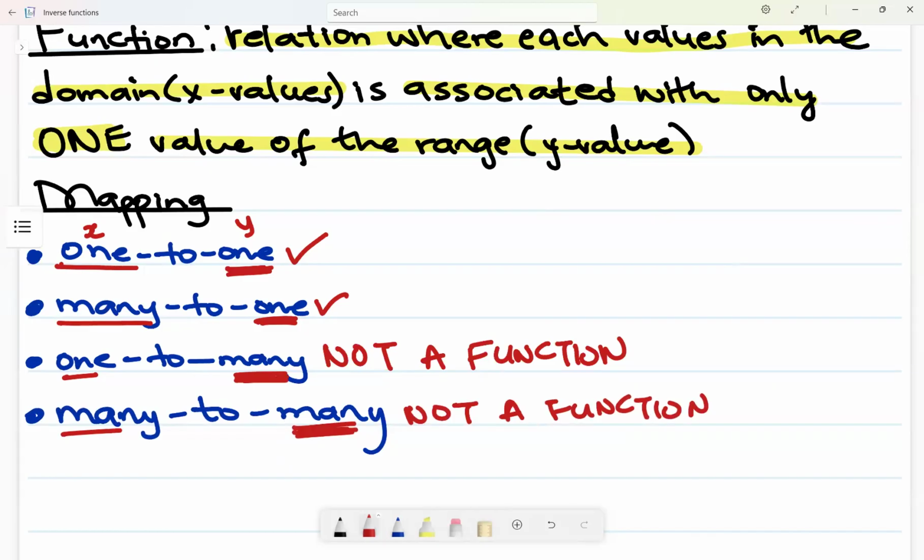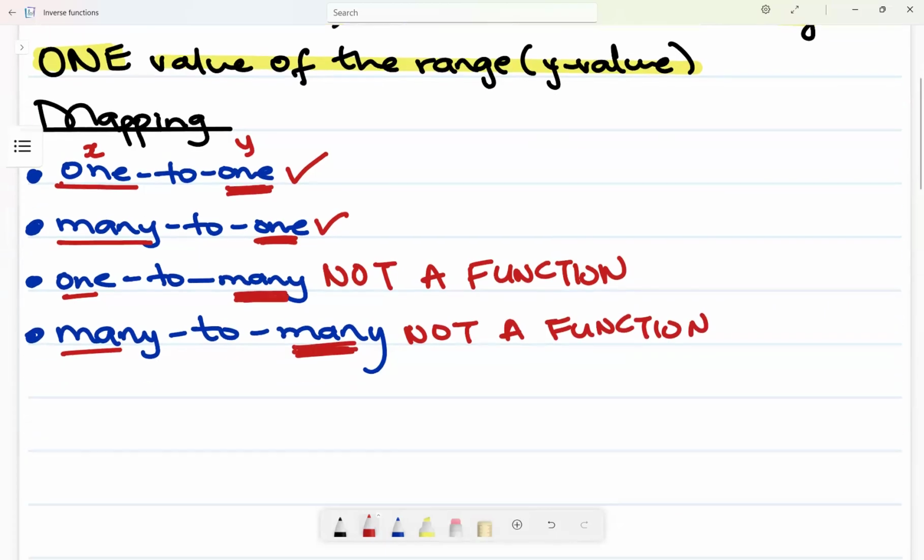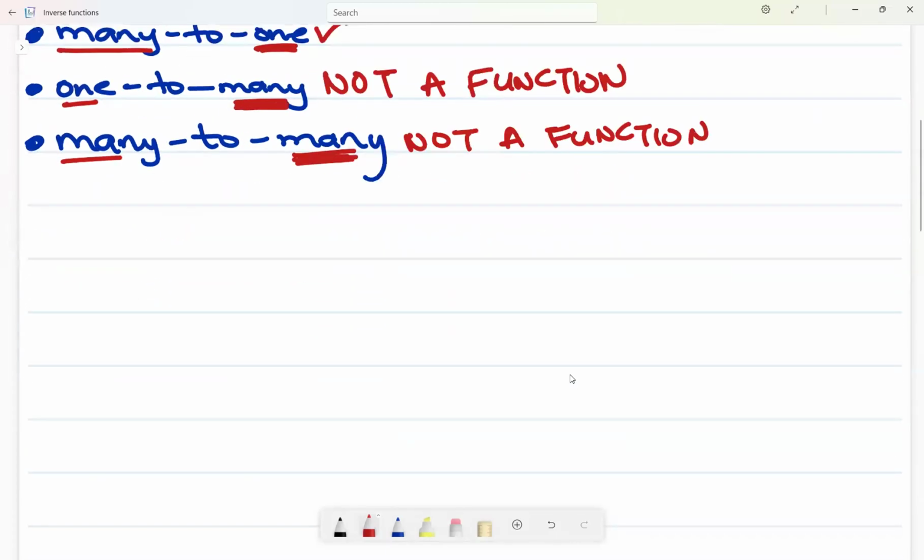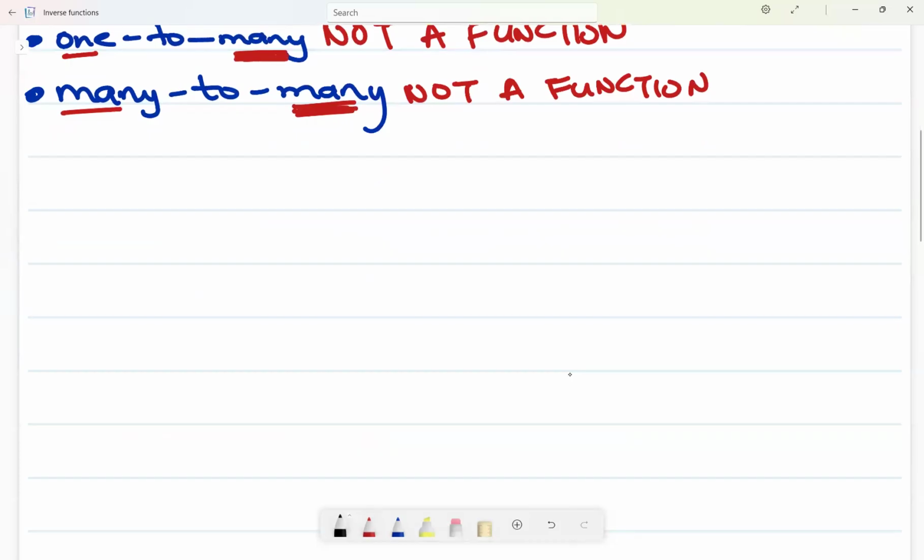Now, let us practically understand exactly what we mean by a graph being a function or not, right? Let us consider the first graph here.